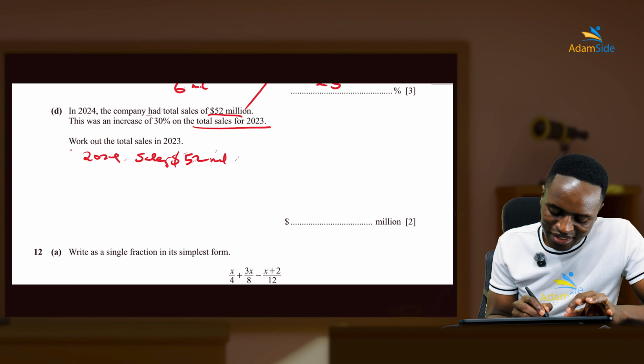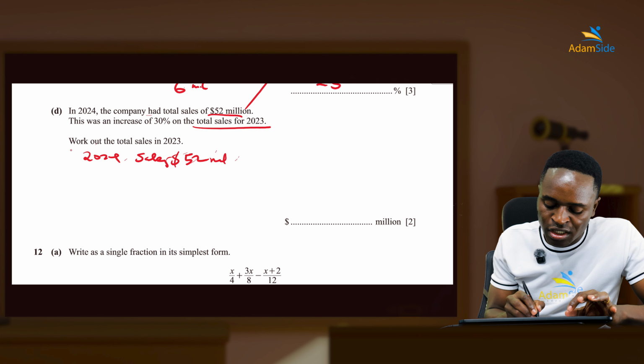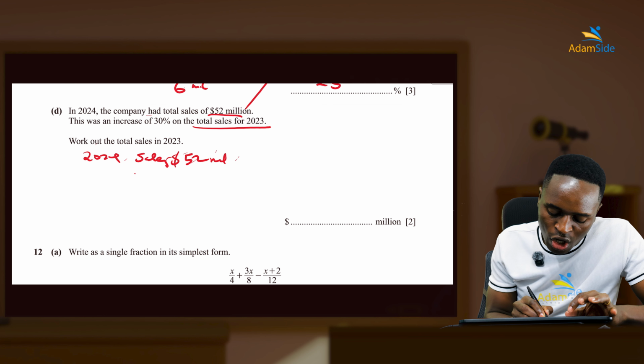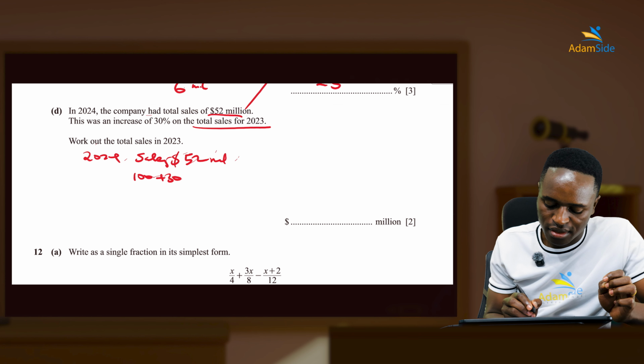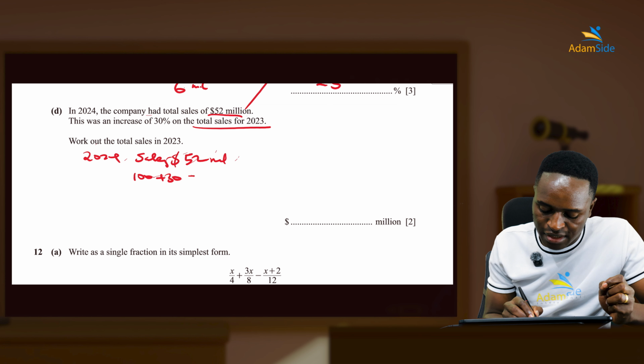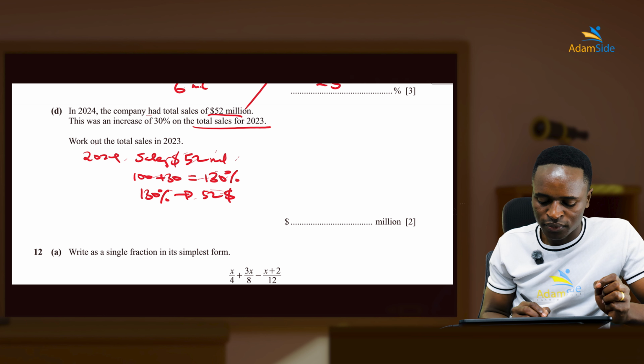Now that means the amount that was equivalent to $52 million was 100 plus the 30, because the original price is always at 100%. So 100 plus 30, you get 130%. So 130% is equivalent to $52 million.